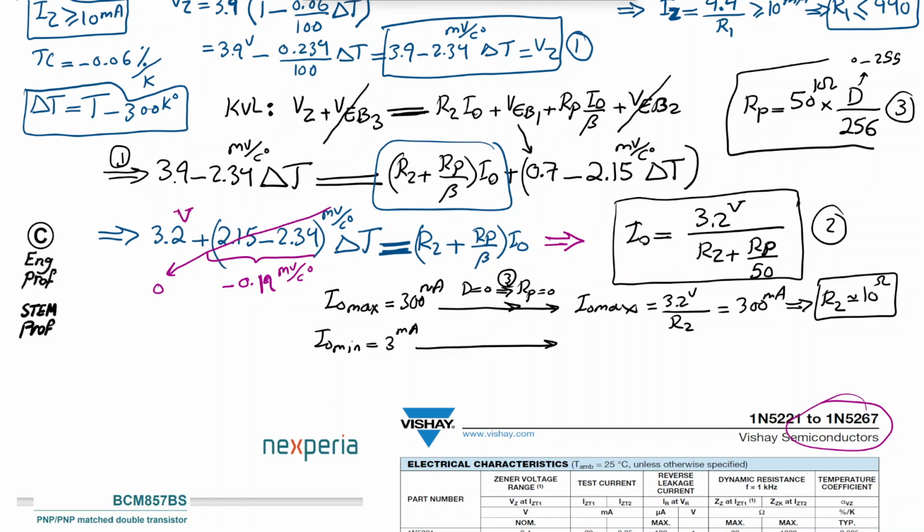For this case, of course, we want the maximum denominator, which means RP needs to be maximized, which means D needs to be maximized, and the maximum value of D is 255. So if I set D equal to 255, then RP is roughly 50 kilo ohm, and I out minimum is 3.2 volt divided by R2, which is 10 ohm, plus 50K divided by 50, because RP becomes maximum.